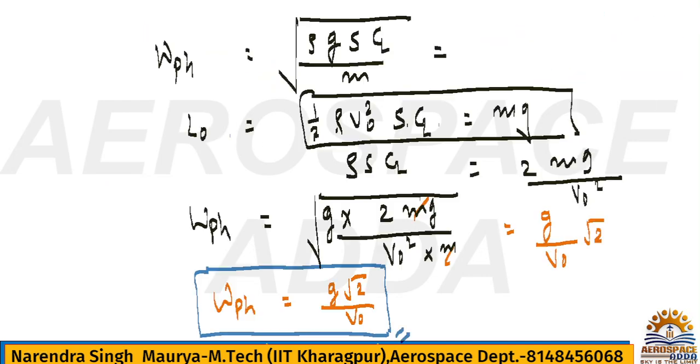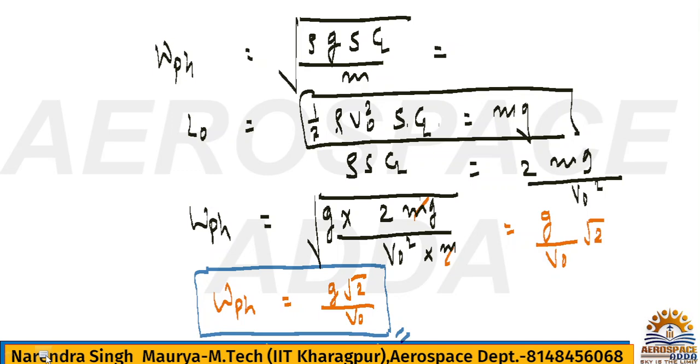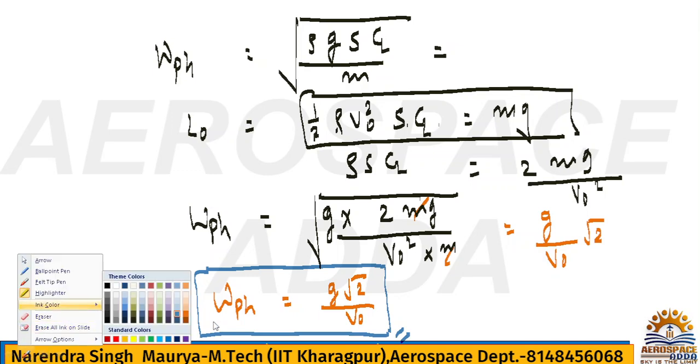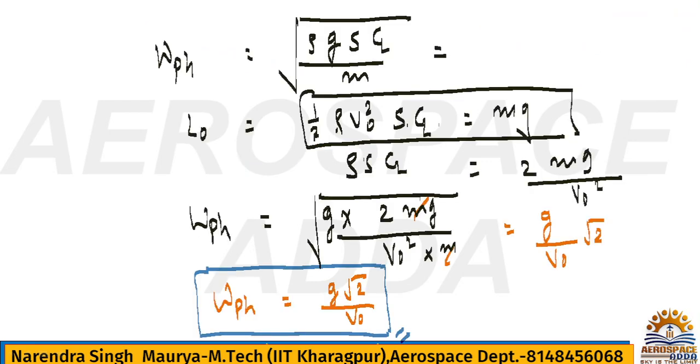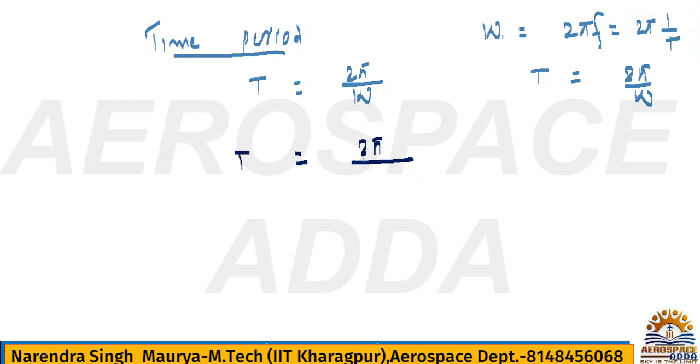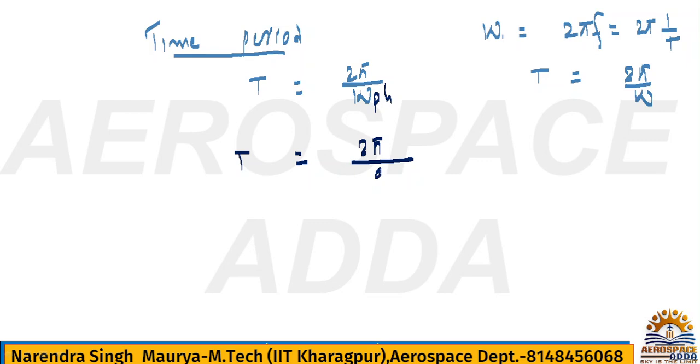So the same thing that you have written here, all these points, will just reverse for the time period. For the time period also, the question they are asking for it. Your time period becomes 2 pi, and omega is nothing but, just like here, if you keep omega for the Phugoid, then 2 pi, it is what? g by root 2 v naught.